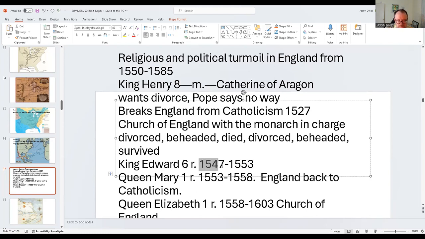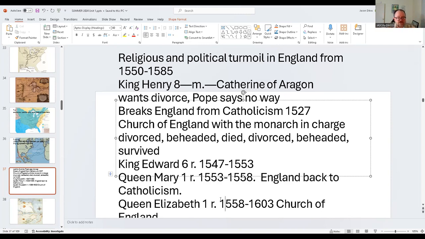From 1547 to 1558, in the space of barely 10 years, we're on our third monarch and our third religion. Edward had been Church of England. Then we all went back to being Catholics and couldn't have meat on Fridays. And then we all went back to the Church of England and could have a nice steak on Friday.